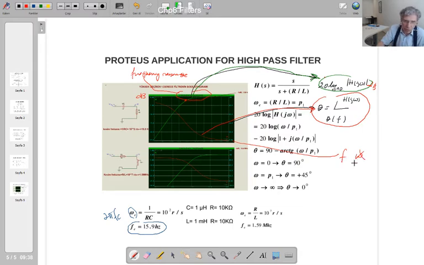So what is the relation between those two? As you know, 2πf: that's the frequency, unit is hertz, and this is an angular frequency, and unit is radians over second. So that is the high pass filters video. That's the end of it.